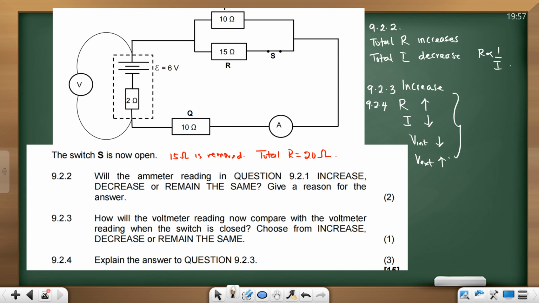I am using the revive principle: resistance, current, V internal and V external. Guys, are you okay so far? Are we okay? All right. So we are going to use graphs to then explain, so we know we are done with this.